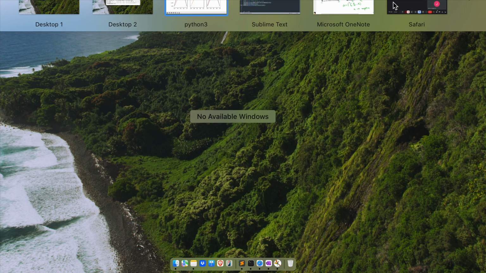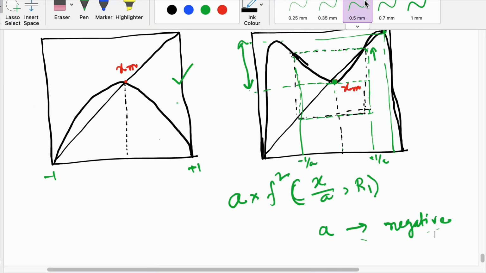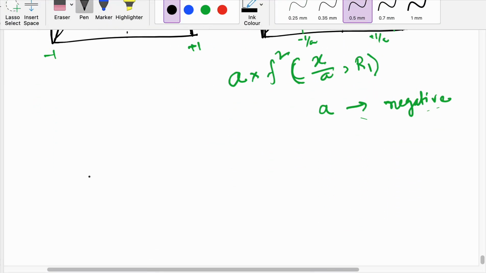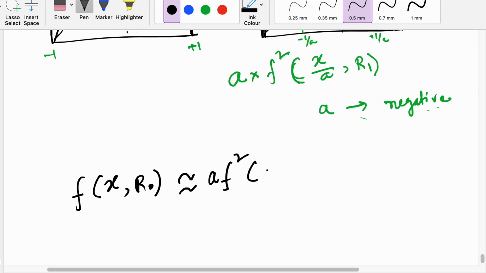So now, mathematically, what does it mean? Mathematically it means this f of (x, r0) is quite similar to a f square (x by a, r1). This is the basic thing of renormalization. So what have we done? We have renormalized the function f square for a little bit of the region.